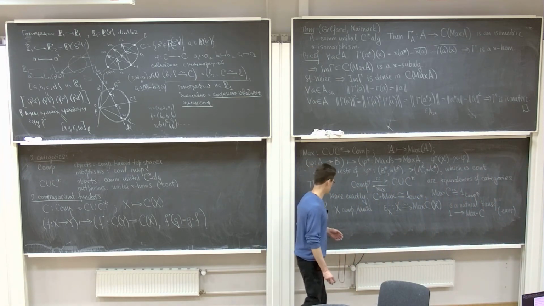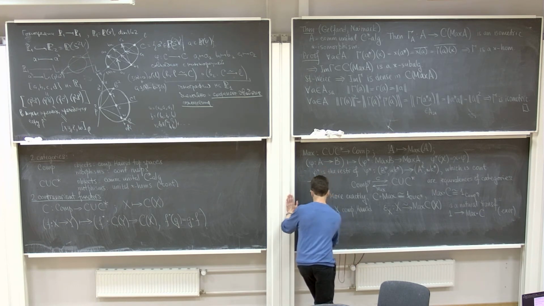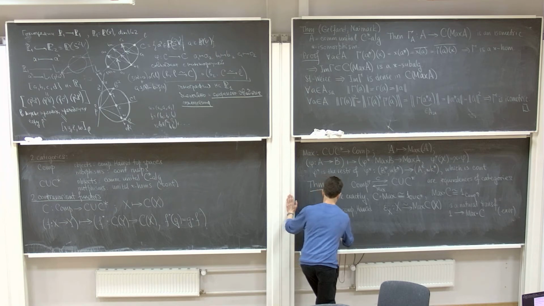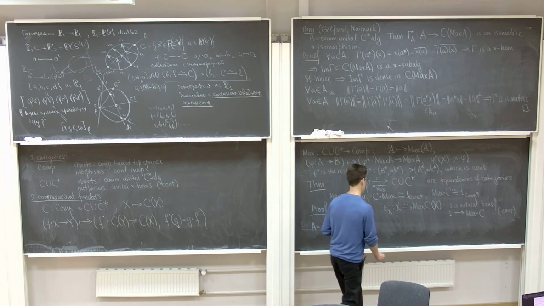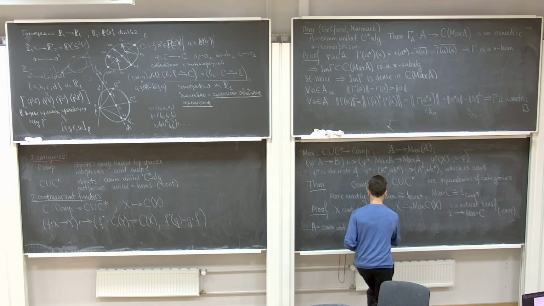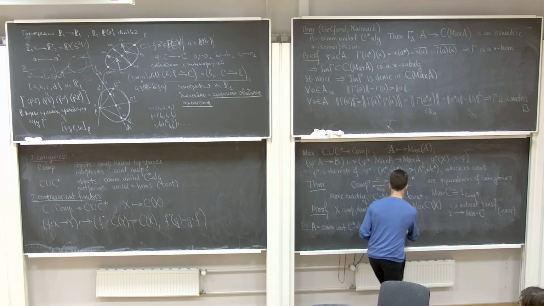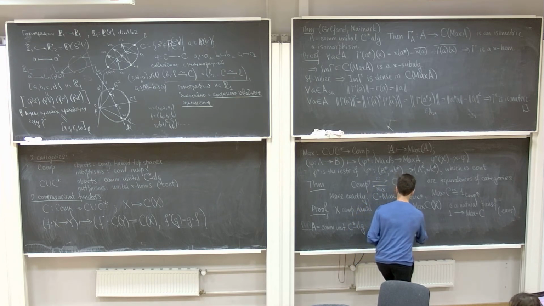And the other way around, if we now start with a commutative unital C-star algebra A, then we consider the Gelfand transform of A. So the Gelfand-Naimark theorem states that it is an isometric star isomorphism.